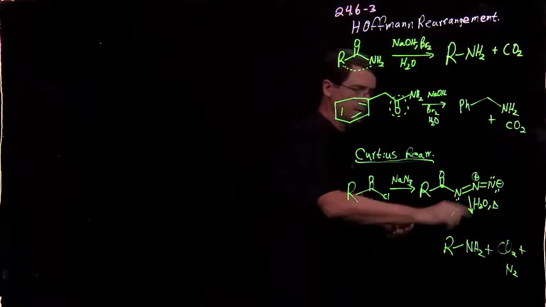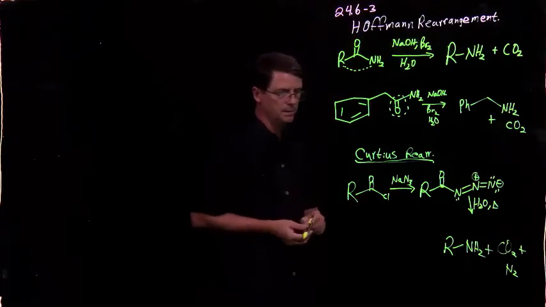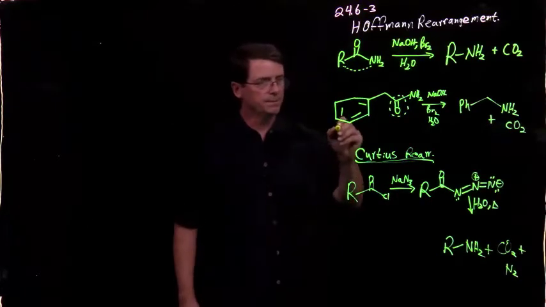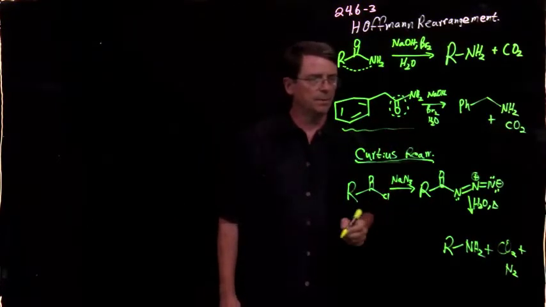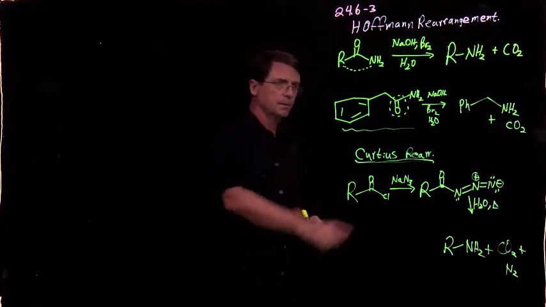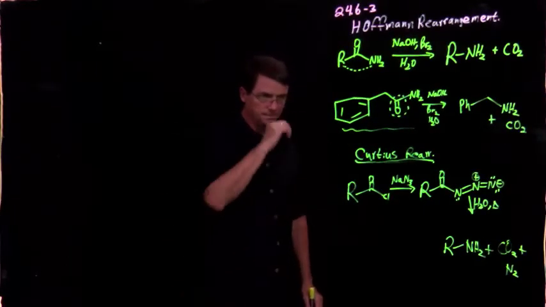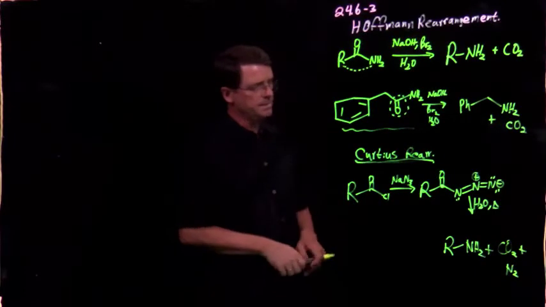So there's a loss of dinitrogen in the Curtius rearrangement. And again, you should go and practice some specific examples. You could draw that one with an N3 there instead of an NH2, and we end up at the same place. So how does this reaction occur?